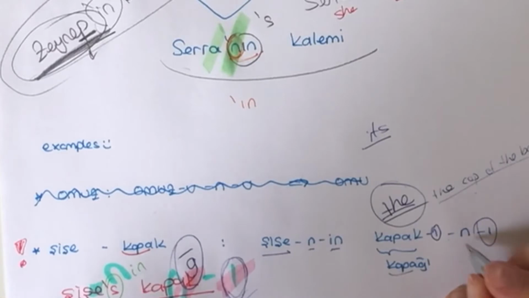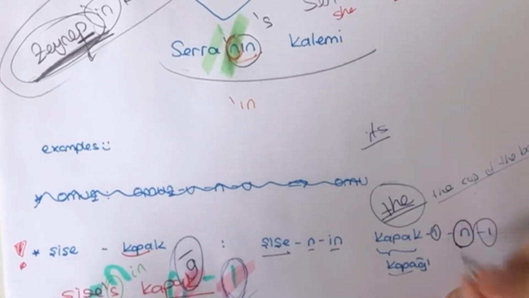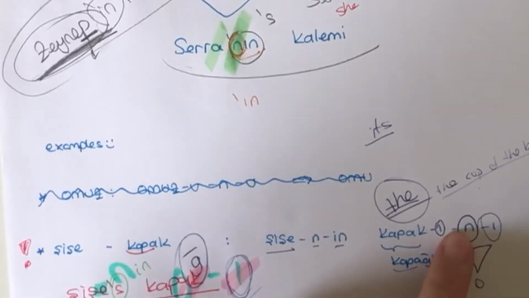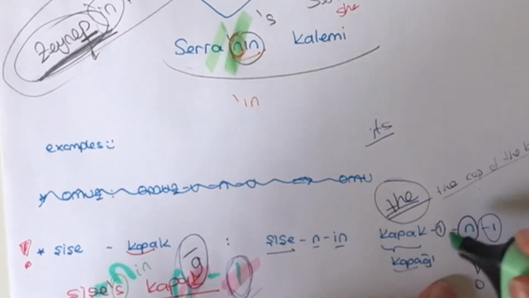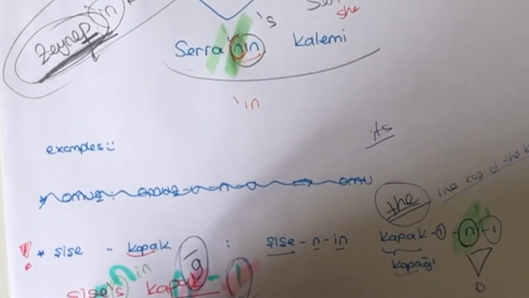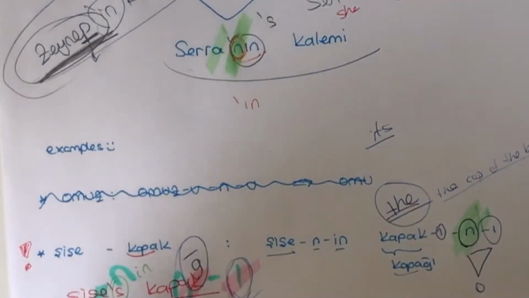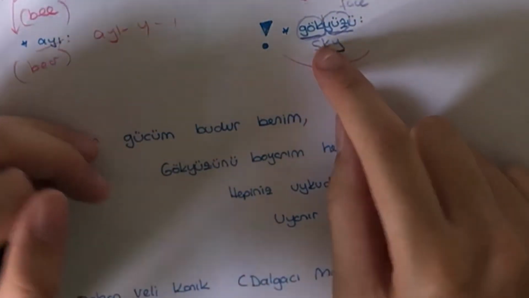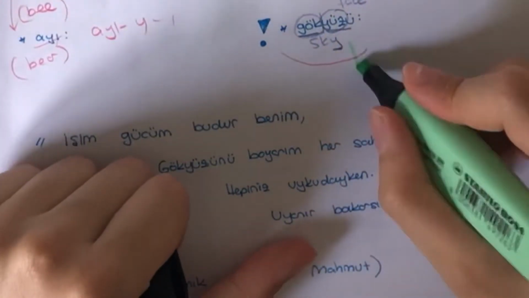So I use a buffer letter in between, but be careful, I used N here. Most of the times I used Y. Not most of the times, all the time here we used Y. Here Y, but when we came to gökyüzü, it became N for some reason.